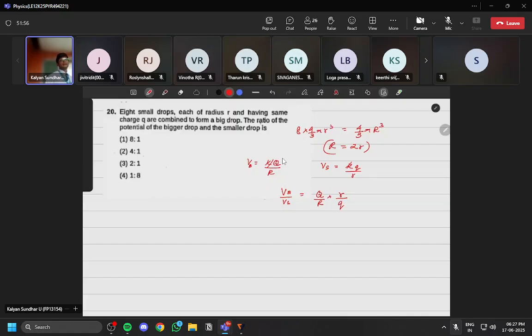How many small charges are there to make capital Q? 8 small charges. So 8q divided by R, and capital R is how many times small r? 2 times the small r value into r by q. q gets cancelled, r gets cancelled. So answer will be 4 by 1. Answer is 4:1.